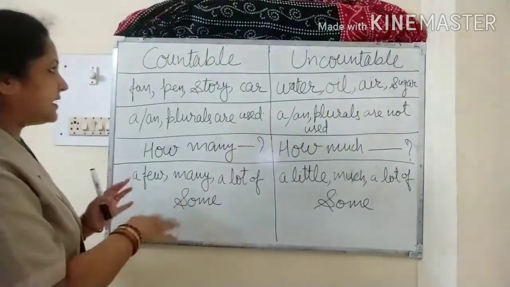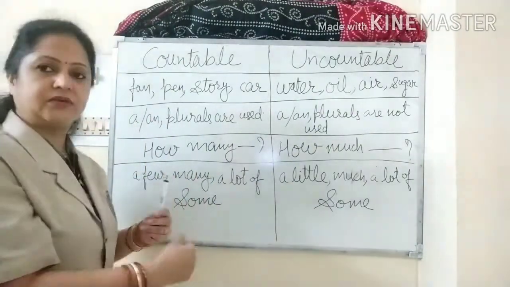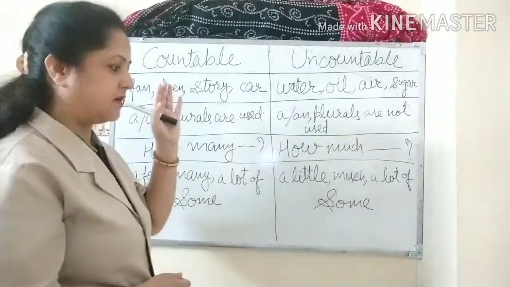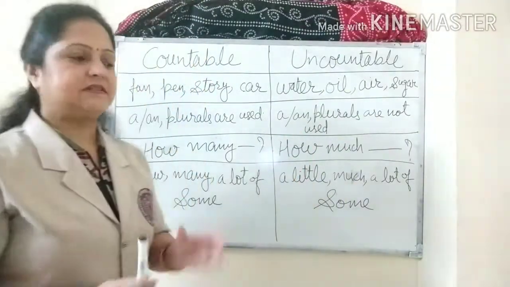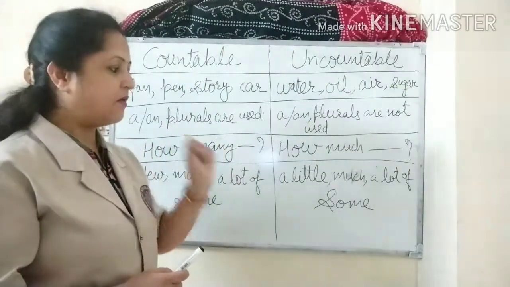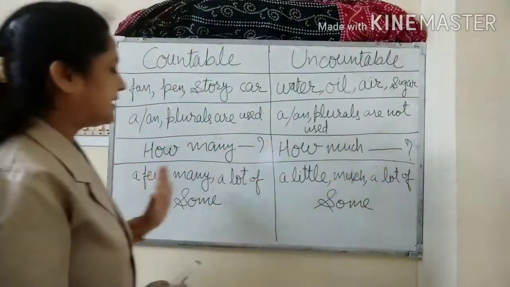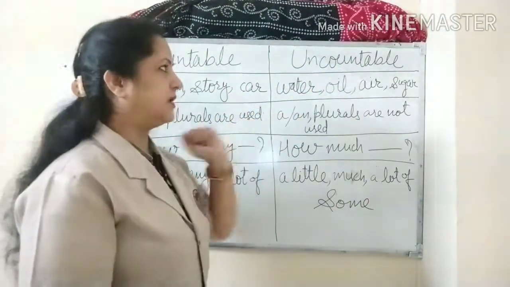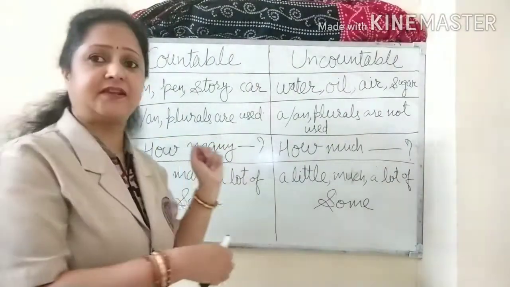Here apples are a countable noun. In the same way, if I say some water is left in the glass. Now we can say that some and a lot of can be used for both countable and uncountable noun. So children, I think it is clear. Till there it is clear to you.